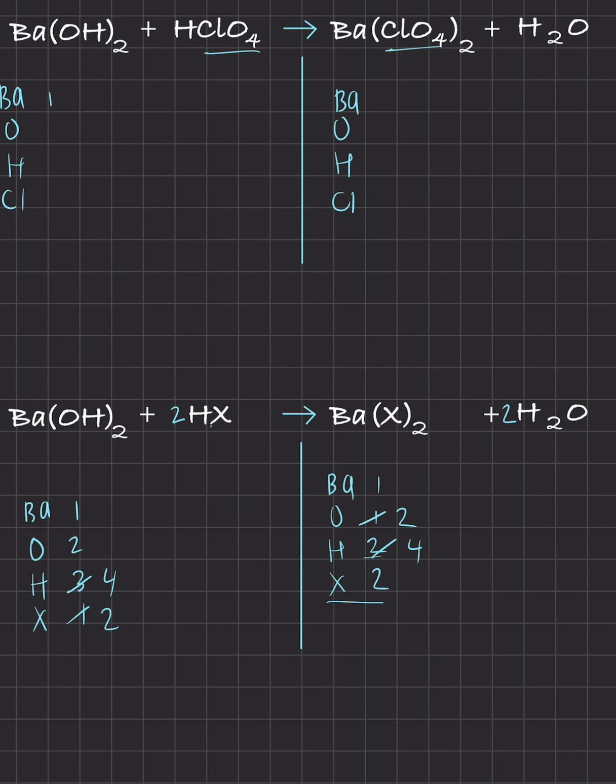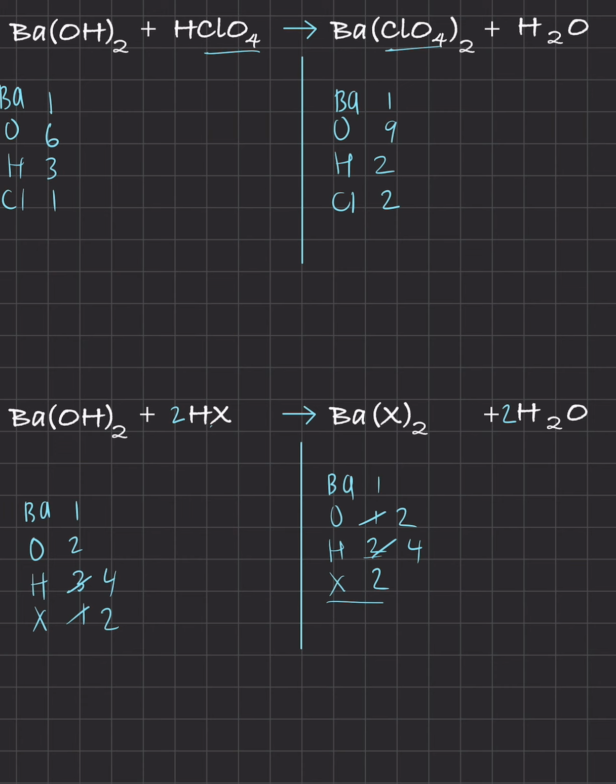So you have 1 Ba, you have 6 oxygens, you have 3 hydrogens, and you have 1 chlorine. Again, you have 1 Ba, you have 2 chlorines, you have 9 oxygens because you have 2 times 4 is 8 plus 1 is 9. And then you have 2 hydrogens.